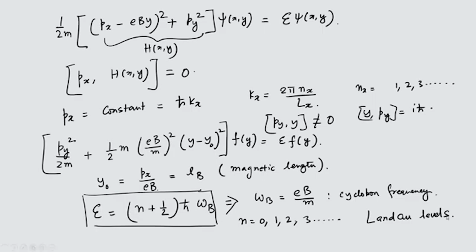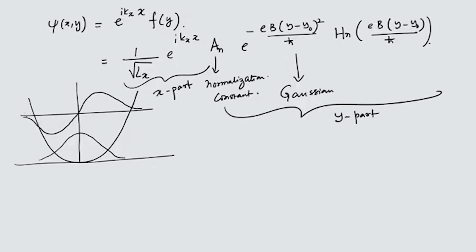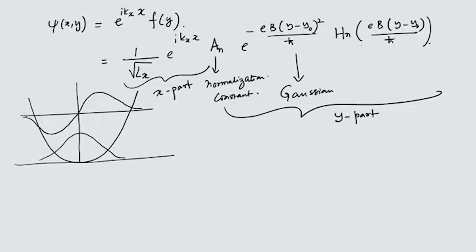The energy levels have a name, the Landau levels, and Landau is a Russian physicist. The wave function is a freely propagating part in the x direction multiplied by a harmonic part which is executing a harmonic oscillation, which has a Gaussian term and a Hermite polynomial. When n is even, the polynomial is even; when n is odd, the polynomial is odd.